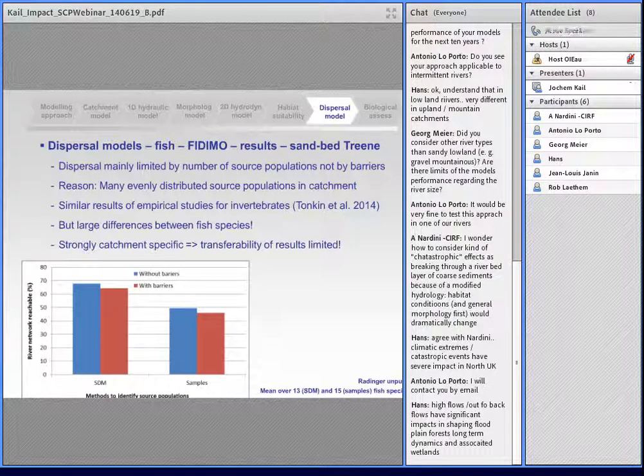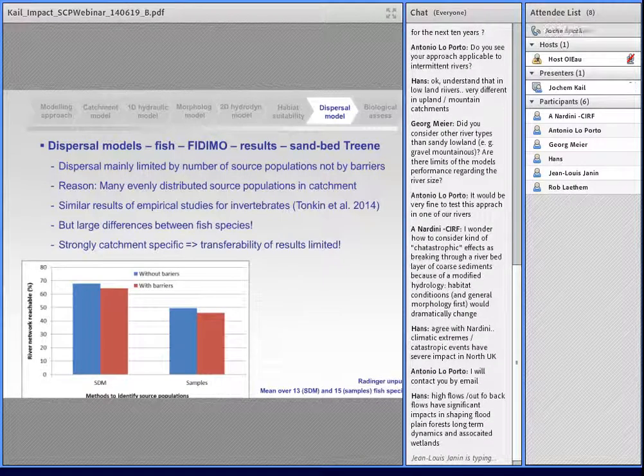But actually, I do think that we have focused too much on the barriers and not so much on the source populations. I must mention that, of course, this refers to dispersal which is not the dispersal of migratory fish to the sea or back.